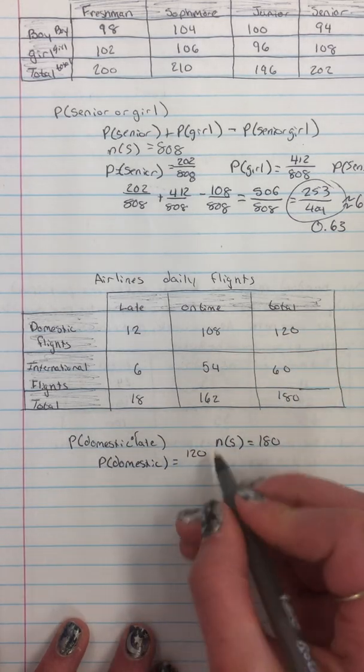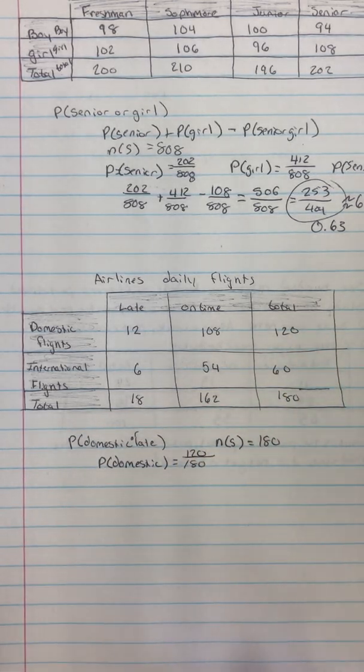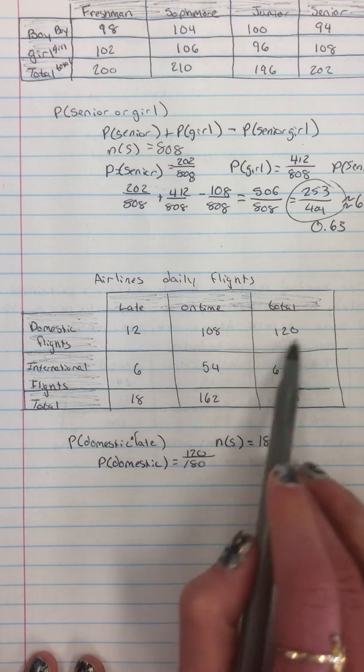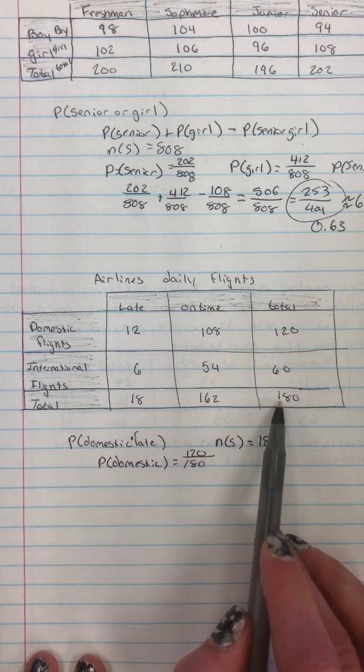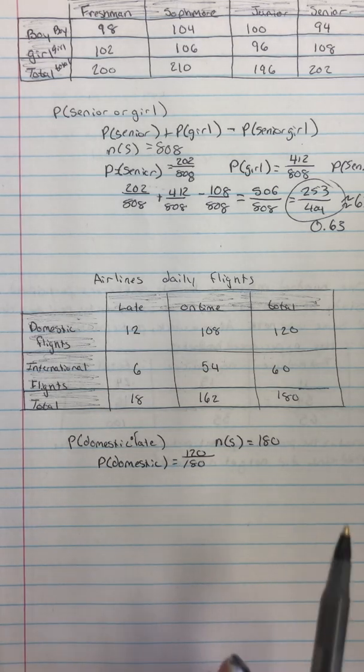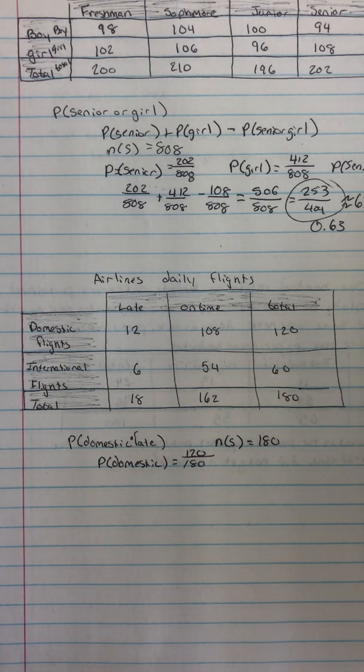We're going to set that over the total number of flights. Remember, it's always what your number is for that group over the total number. So domestic flights, there's 120 of them out of 180, so we're going to do 120 over 180. Again, I am not going to simplify until later on.